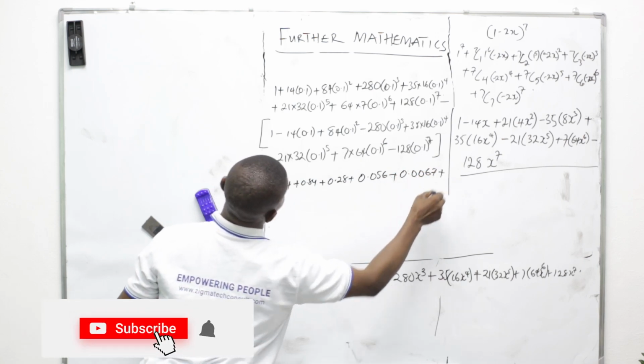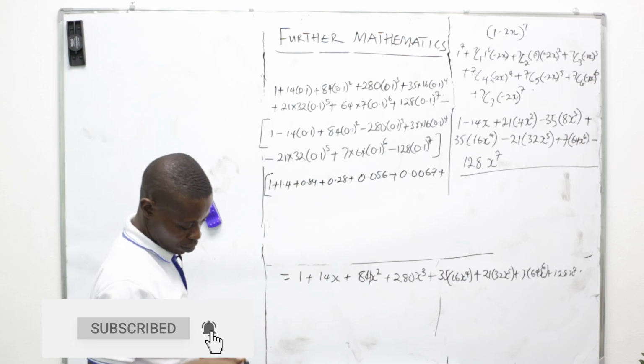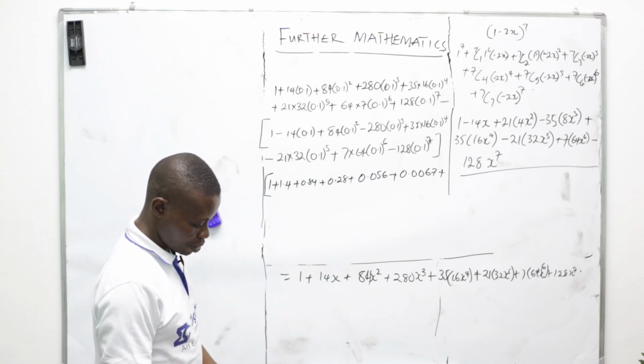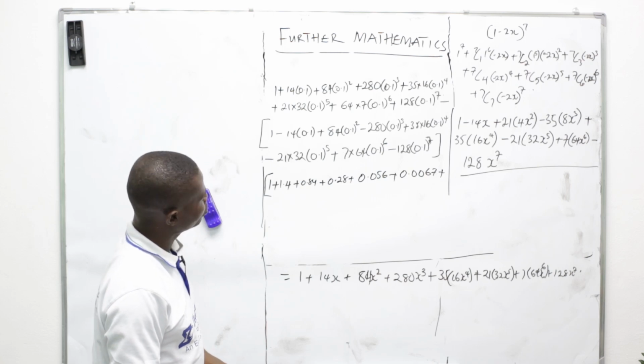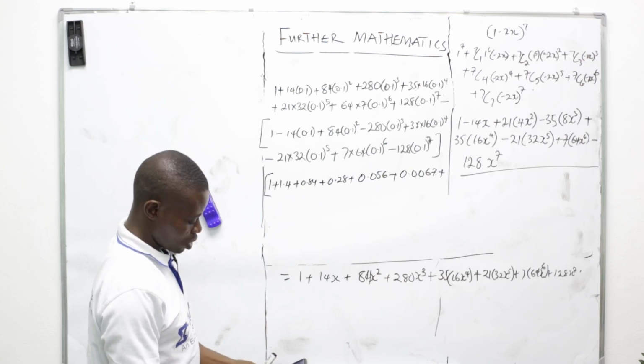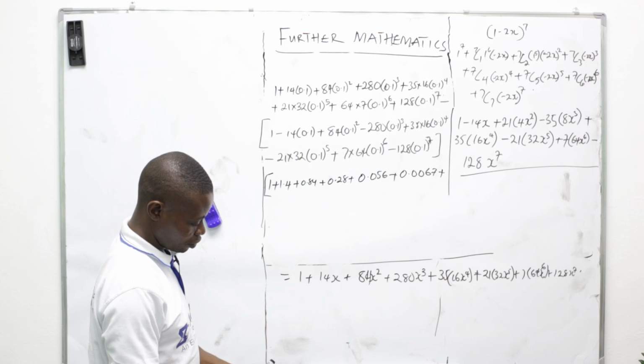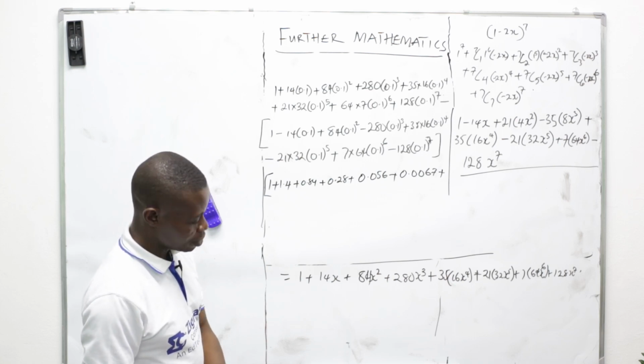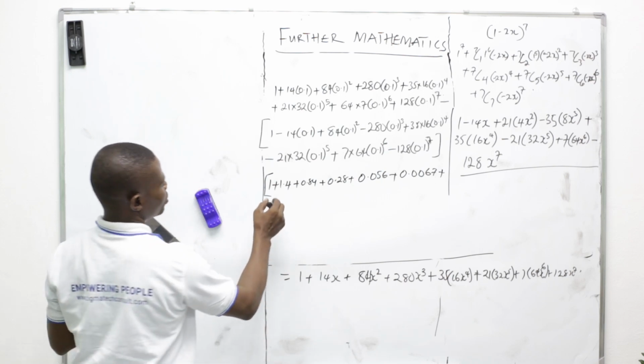Plus 0.1 to the power 6 times 7 times 64, 0.000448.